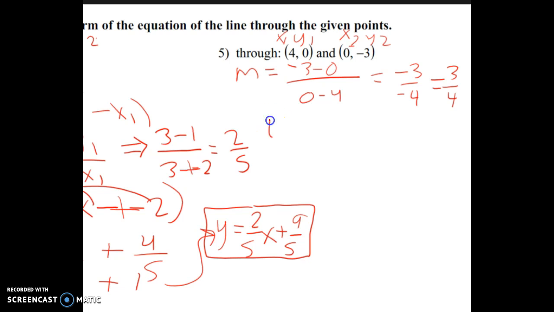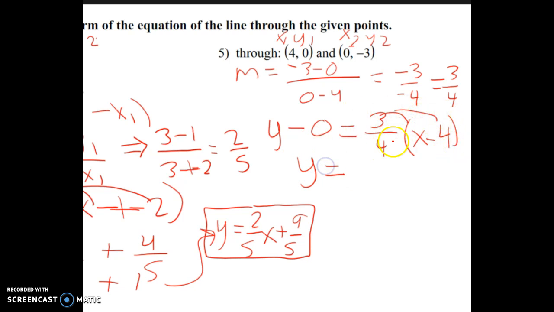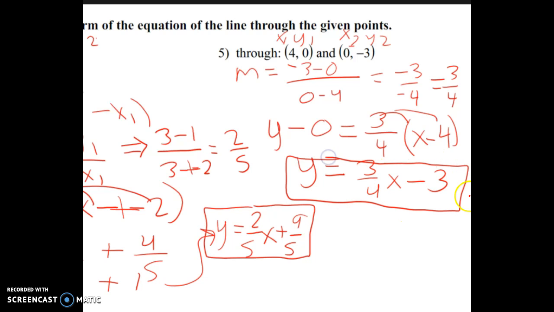Then we go y minus y1, which is 0, equals m, plug in your slope, 3/4, times x minus x1, which is 4. Distribute. Y equals 3/4 x minus 3, because 3/4 times negative 4 is just negative 3. And that's it there.